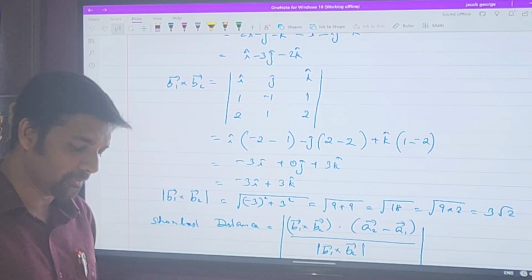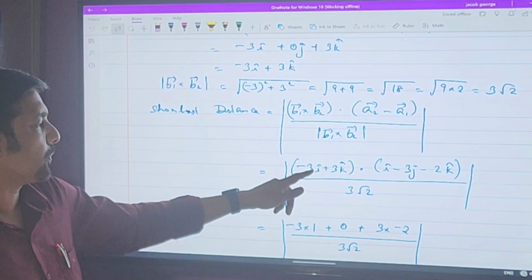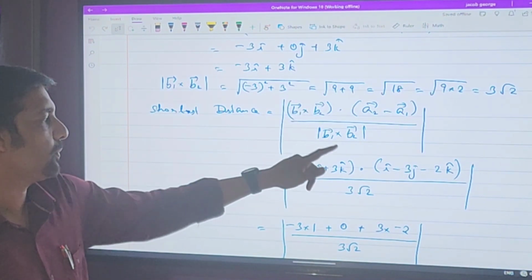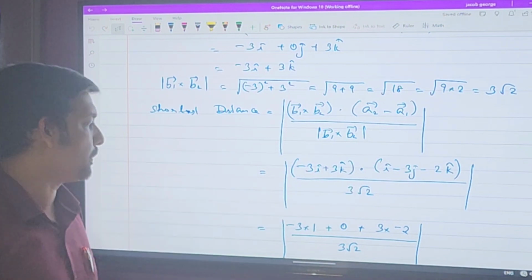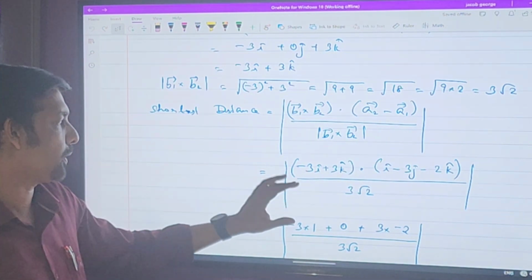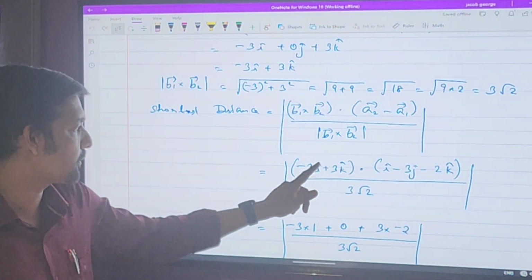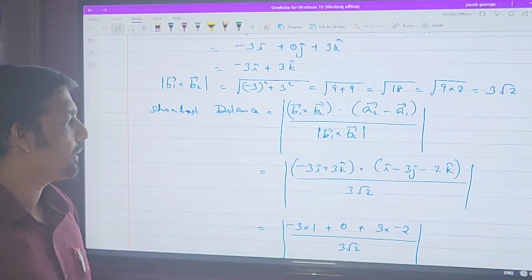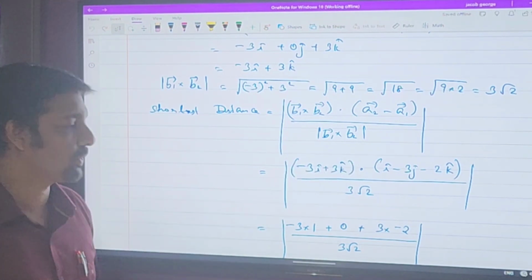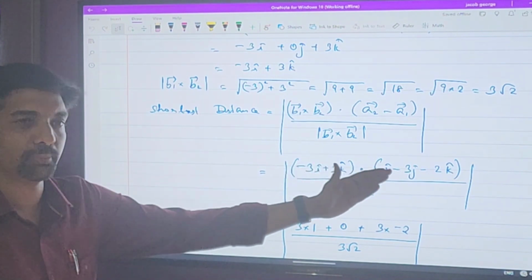Then we will write the formula like this: shortest distance, and substitute B1 cross B2 dot product A2 minus A1 by modulus of B1 cross B2. All of you know dot product is multiplying the coefficient of I cap, that is minus 3 into 1, then plus, because I dot I is 1, there is no j cap, means 0 j cap, that will be 0, and then k cap is 3 into minus 2.